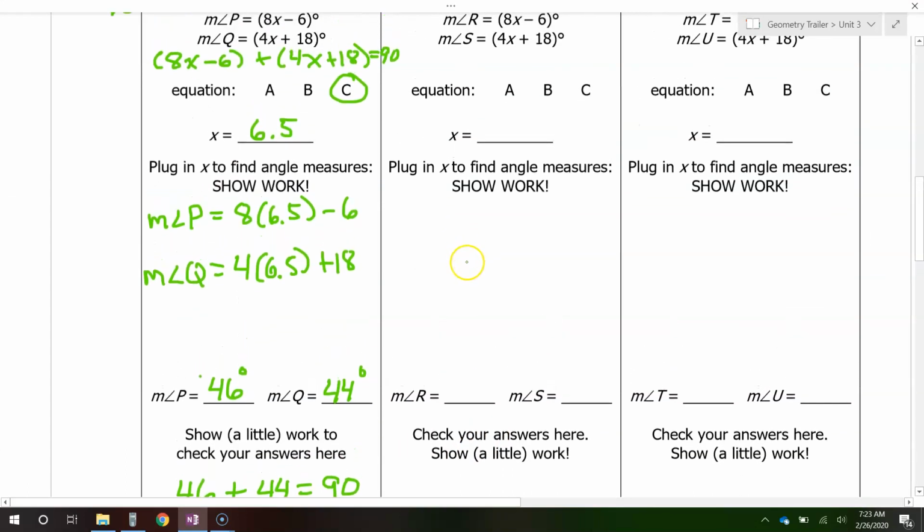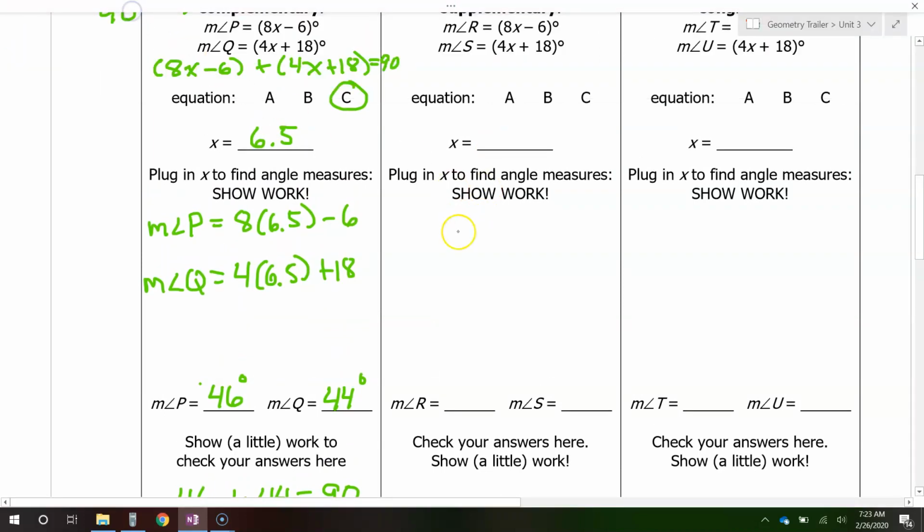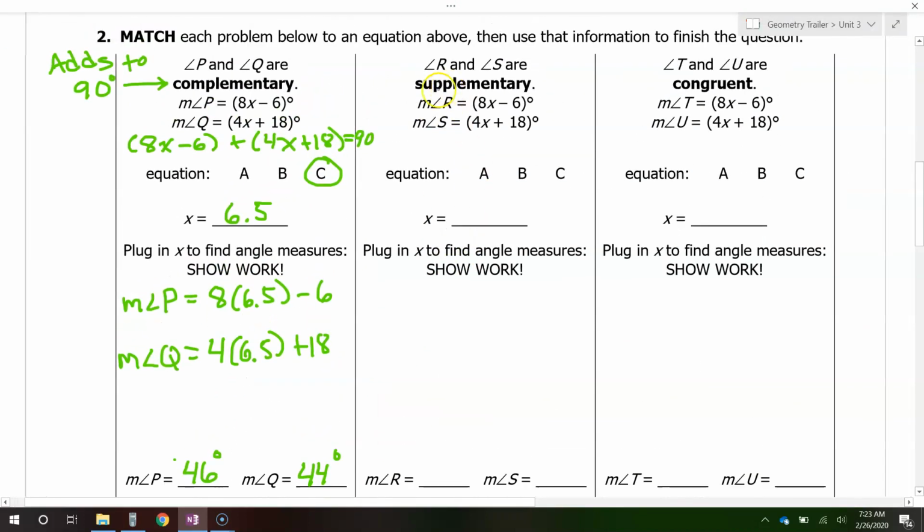Okay, let's do that again. All right, supplementary. Supplementary means that they add to 180 degrees, all right? That's what supplementary means.